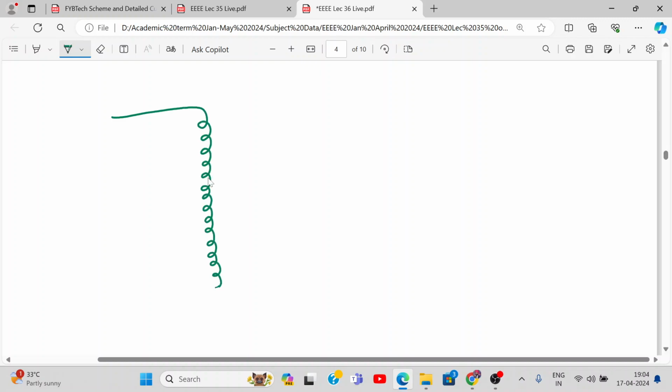I'll just explain the transformer part. So let's say this is my transformer. This is the primary winding. Remember, this is the primary winding. Then I have this iron core.